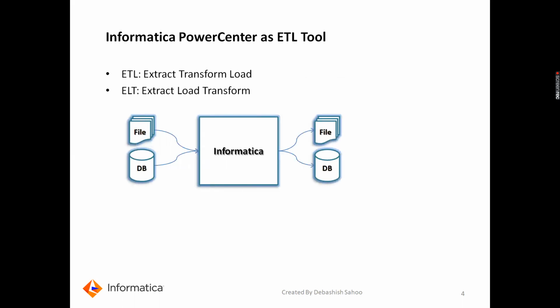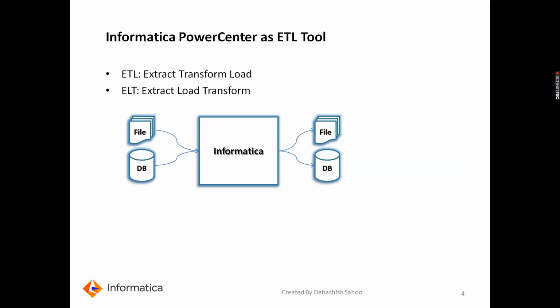So now, as I said, let's discuss the ETL and ELT processes. Informatica can do all of these. ETL and ELT are just extraction, transformation, and loading, with the transformation placed either earlier or later.